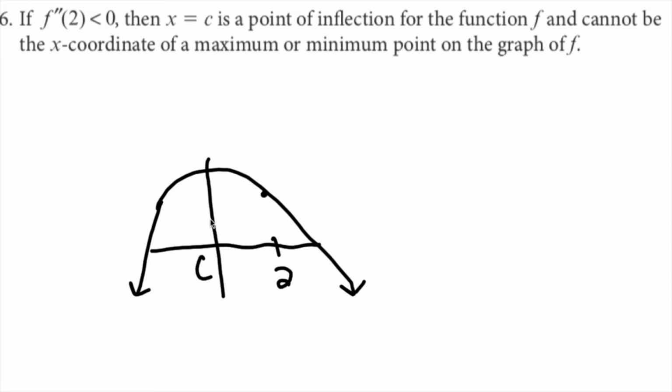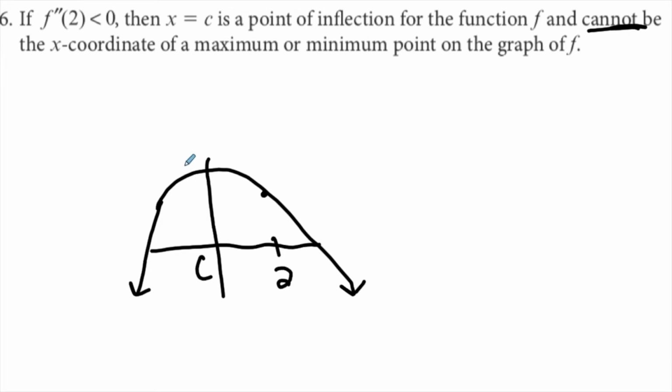Is that a point of inflection for the function f and cannot be the x-coordinate of the max or min point on the graph? So if we think of a function here where the second derivative would be negative, but also we have some c value that is 0, and it's saying it cannot be a max or a min.